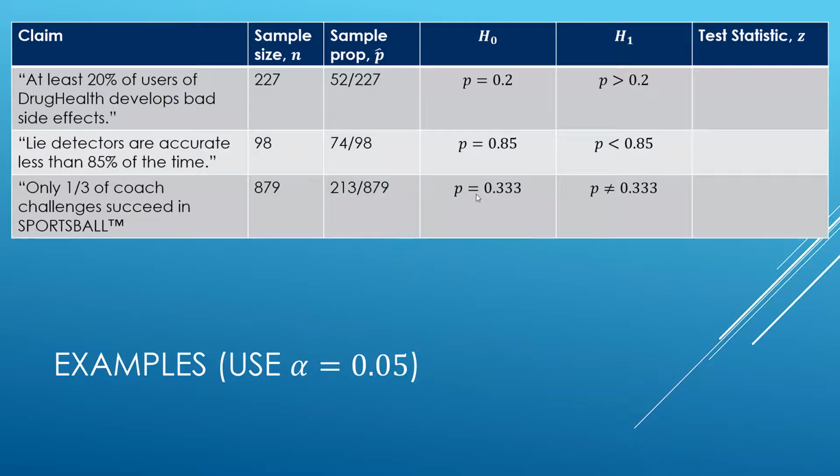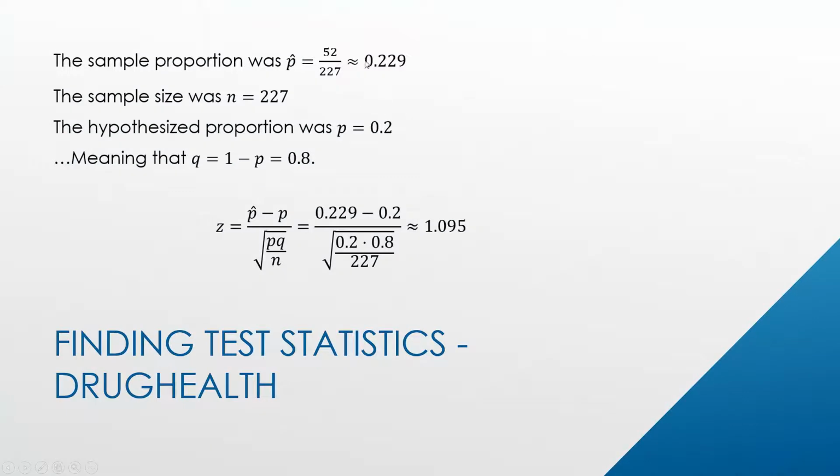For this first one here, we start using our sample data. We've got a sample size of n, and I went ahead and wrote it for you this way, but it had 52 out of 227 with bad side effects. So that's my p hat value. You can crunch that number, and you get about 0.229. So that's p hat. n is also based on your sample data. n is your sample size, 227 people.